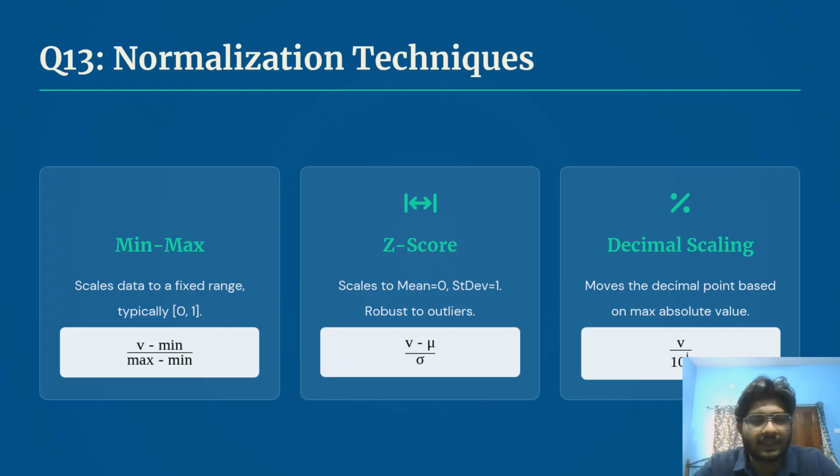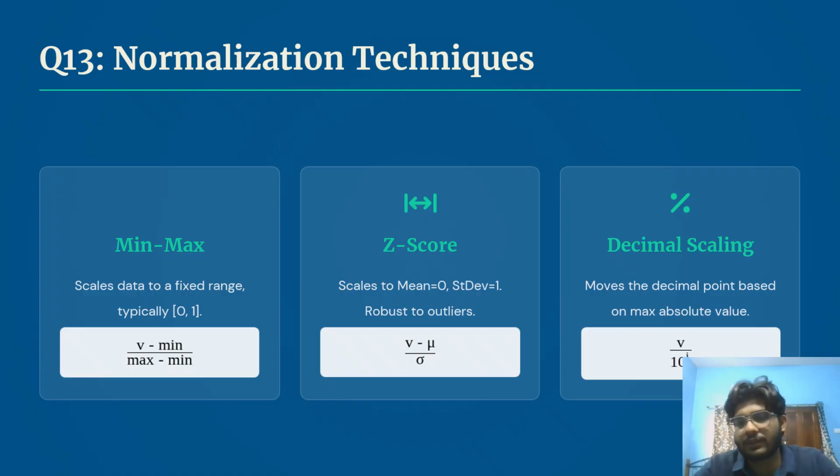And the third one is decimal scaling. Now, what is decimal scaling? This is just moving the decimal point, often used for very large numbers. We divide the value v by 10 to the power j, where j is chosen so that the biggest number becomes less than 1.